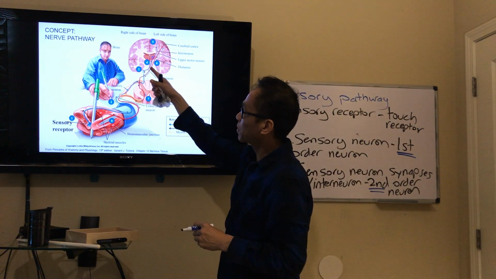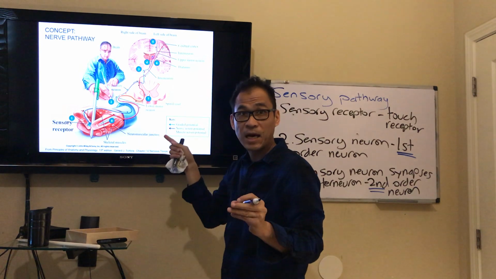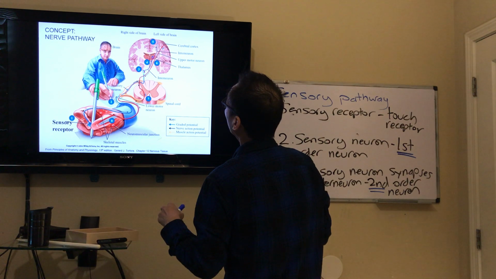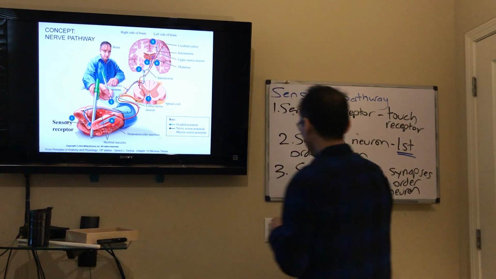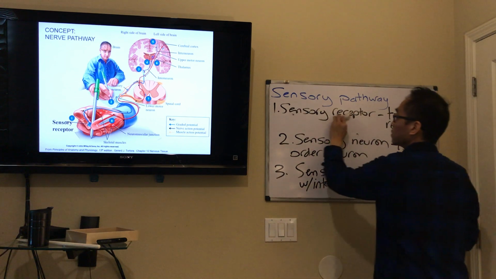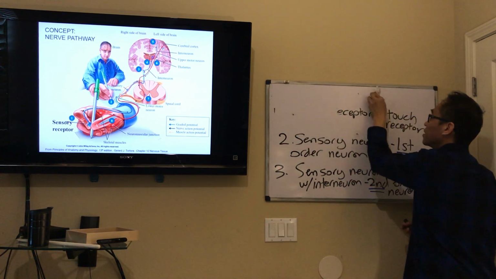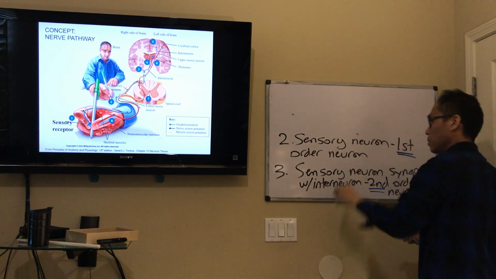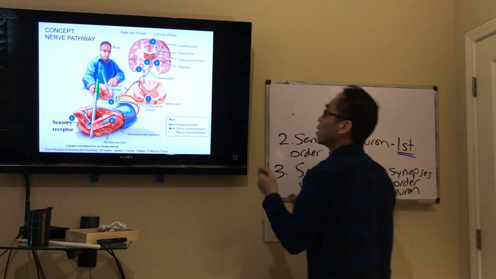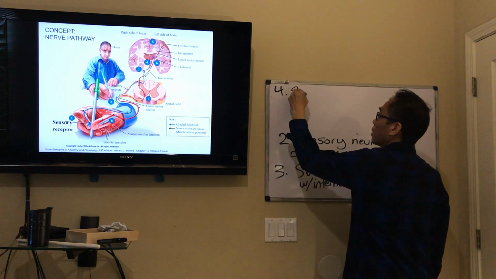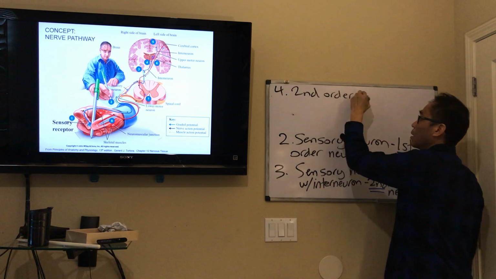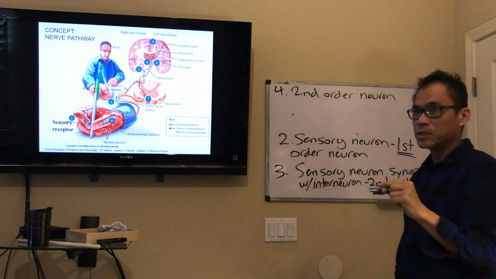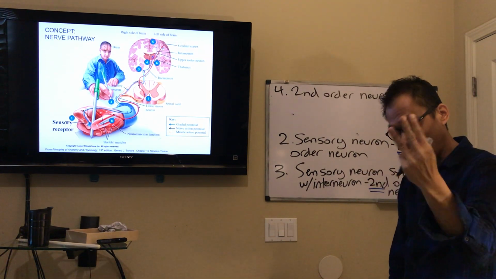The second order neuron is going to go to the thalamus inside your brain. So that's step 4. The second order neuron travels to the thalamus and it synapses with the third order neuron.